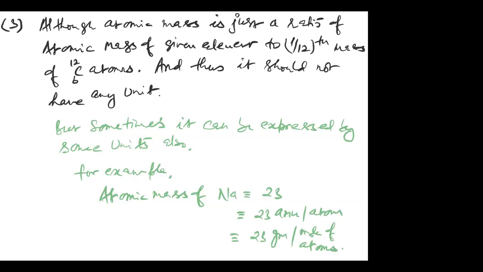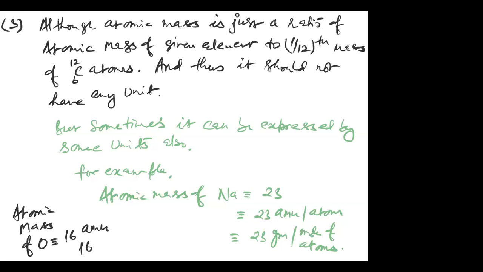Gram atomic mass of any element is the mass of its 1 mole of atoms. So if anywhere it is written that the atomic mass of oxygen is 16, and if it is written as 16 AMU, then you can simply imagine it is the mass of one atom.